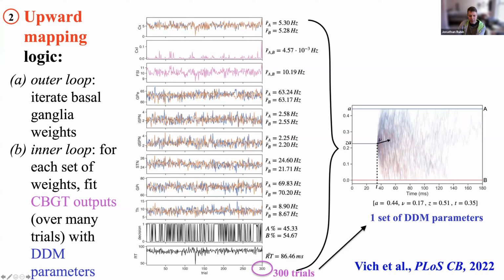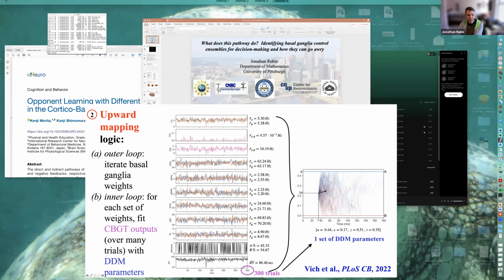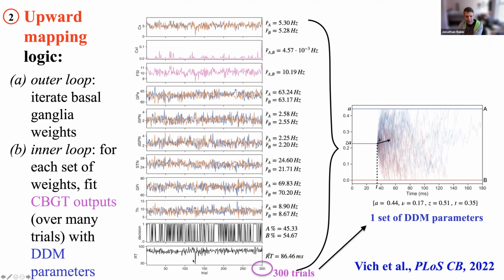From those 300 trials we get results that look like this. Here we're displaying the average firing rate in each population, one point per trial, so this axis is trials. We also get whether each trial led to a left or an A, let's say, or a B, which should be roughly 50-50. And then we get a reaction time. We've tuned our network so these are reasonable.